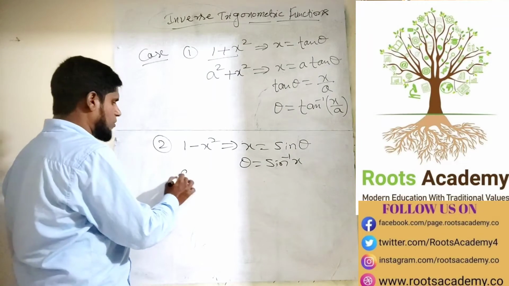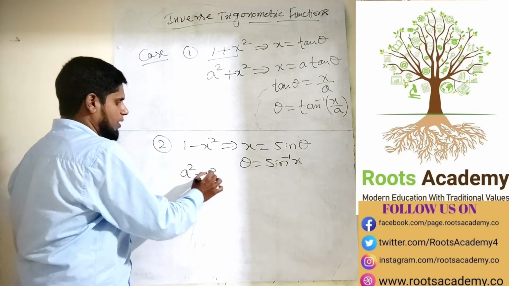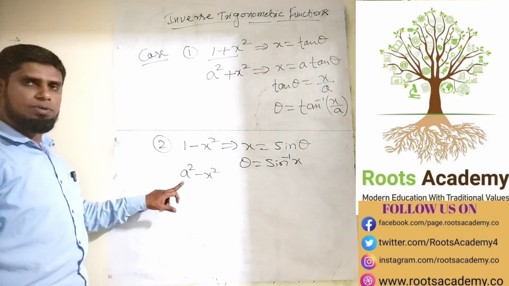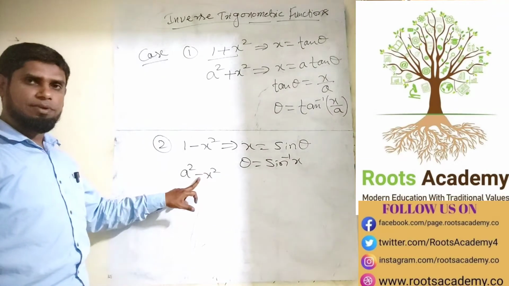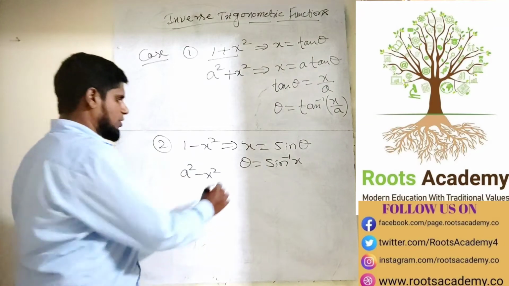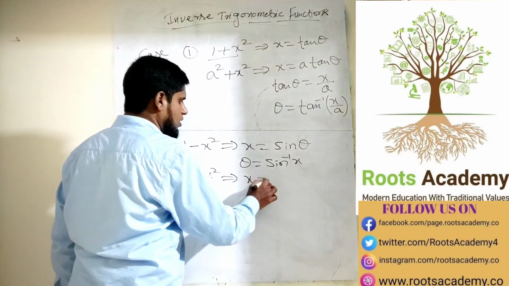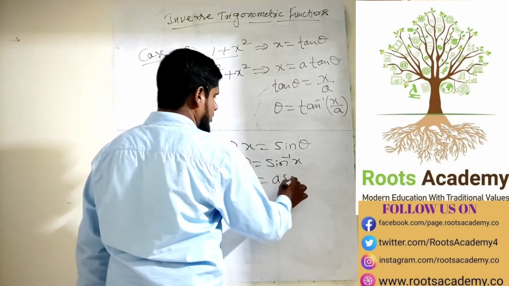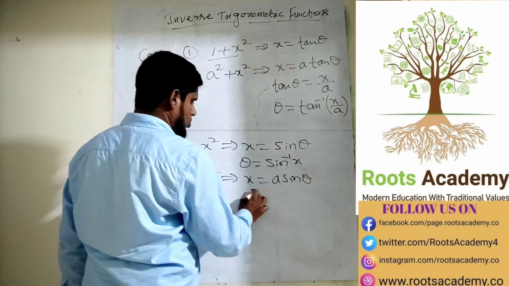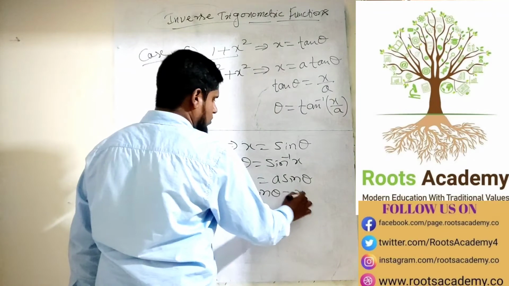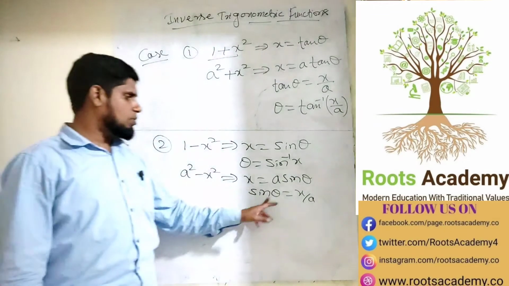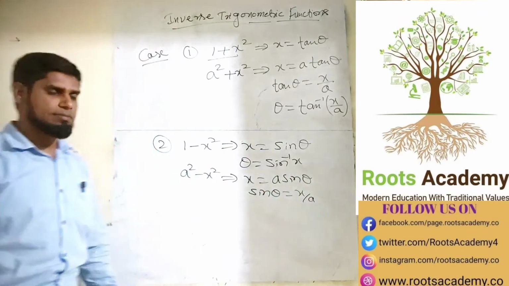Or if it is like this, a square minus x square, that means the constant is positive and x square is negative, we can substitute x as a sin theta. So sin theta is equal to x by a, and theta is equal to sin inverse x by a.